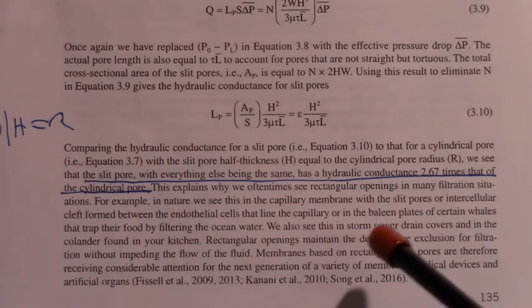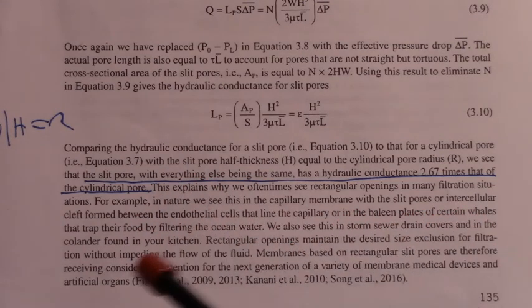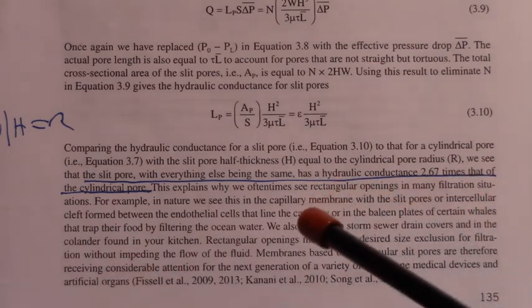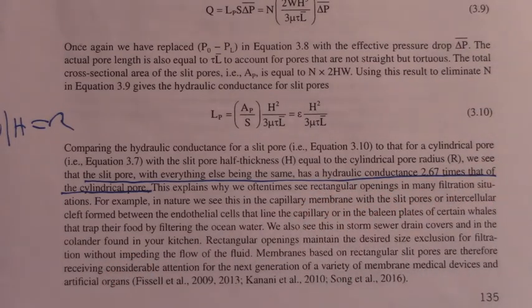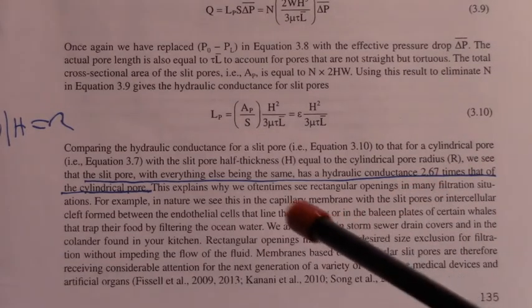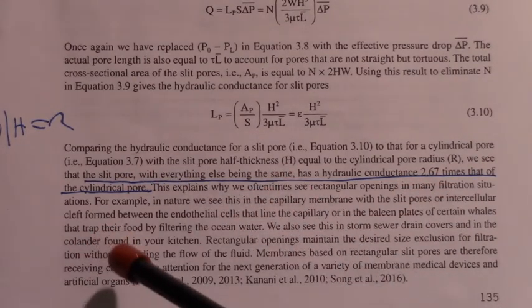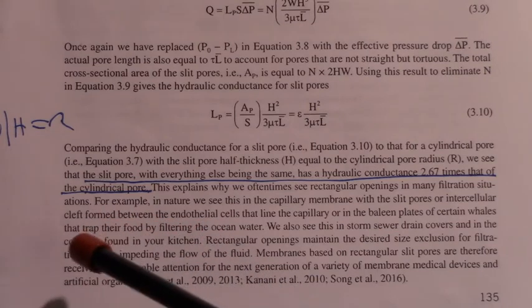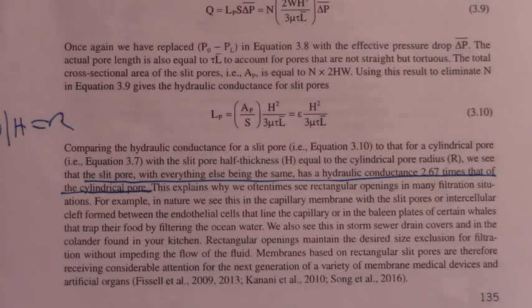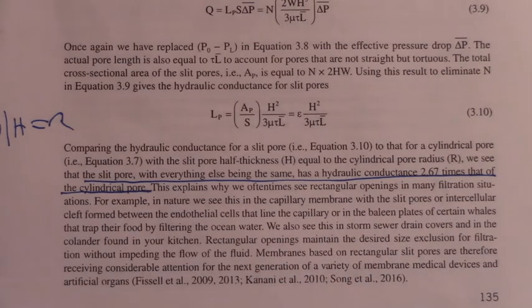We also see this in storm sewer drain covers. Most storm sewer drain covers have rectangular openings. If you take a walk, look at them sometimes. Also, colanders in the kitchen, the better ones, the ones that drain really fast, will have rectangular openings rather than circular openings. So yeah, that's the hydraulic conductance.